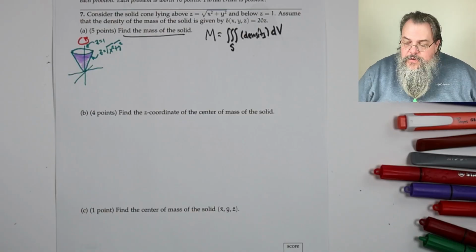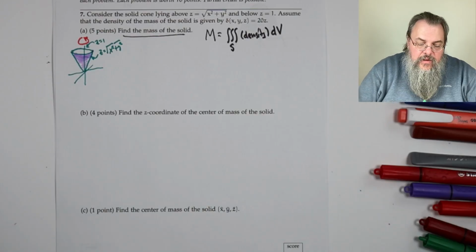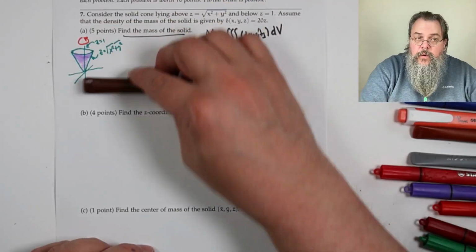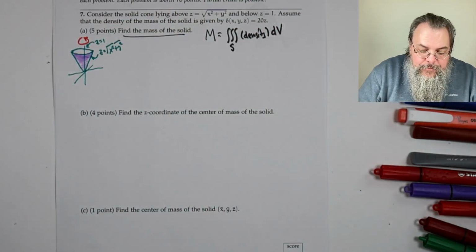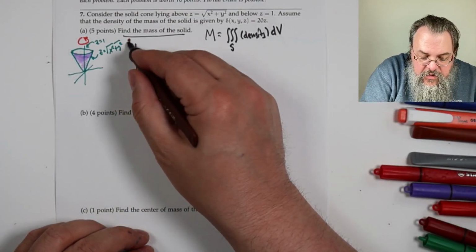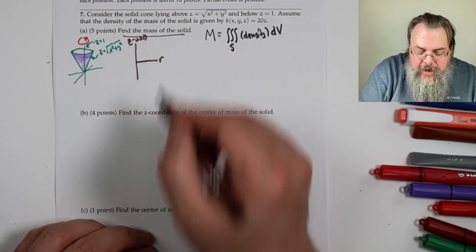So what we'll do is we're going to take this and we're going to slice. So imagine just coming down and slicing. And I call it the RZ plane. So here's our z-axis, and here we'll have the r-axis.